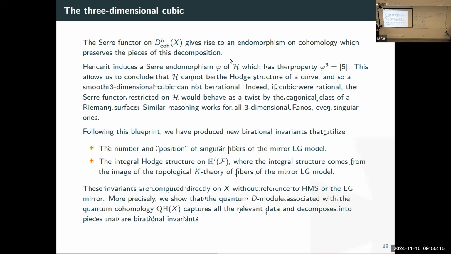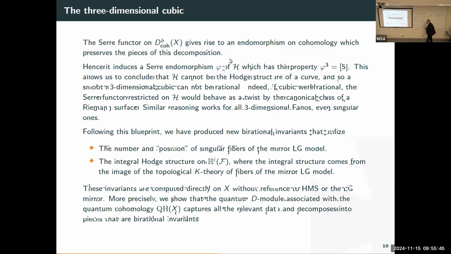So, all right, let's see where we stand then. We have this fibration coming from the Landau-Ginzburg model, which we want to forget. And then we want to use this quantum D-module in order to get the position of these singular fibers.